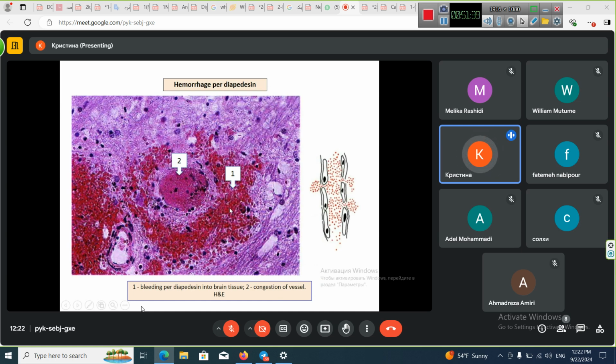It means that here we have the hemorrhage per diapedesis, not because of rupture of the wall, but because of emerging of the gaps and holes between the endothelial cells which are still alive and okay, but because of increased blood pressure, we have these holes and gaps now. So blood cells came out and can be found now around this blood vessel.